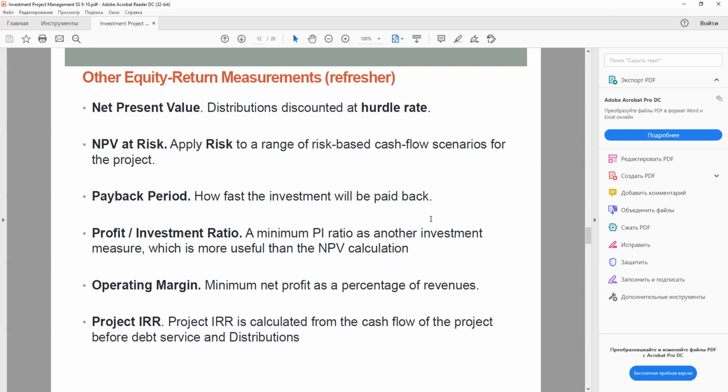And I have a suggestion for you. So probably if you don't want or are unable to use a Monte Carlo simulation in a very specific project, please at least have a sensitivity analysis table for IRR and NPV, depending on the various factors, at least like sales or revenue or costs changes or interest rates changes.